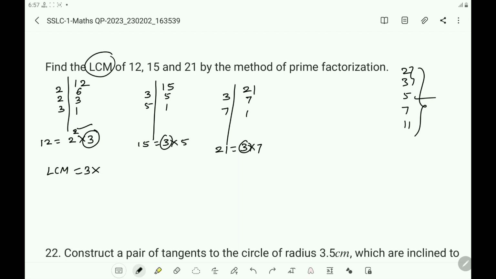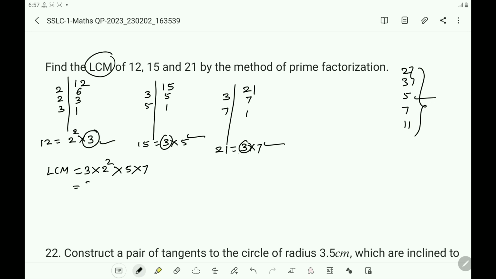So you write 2 power 2 and the extra factors 5 and 7. Here 2 power 2, 5 and 7 are the extra factors which are not common, and the common factor is 3, so the HCF becomes 3 only, and the LCM equals the product of all these.